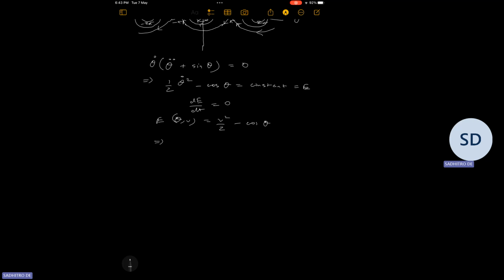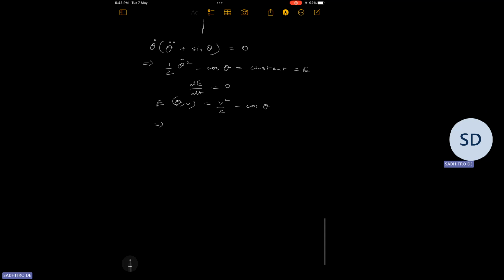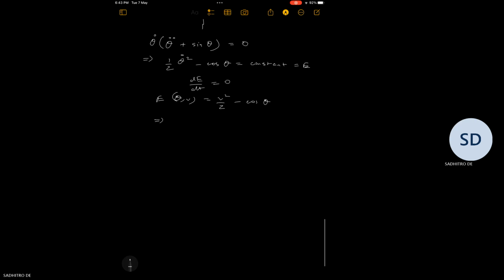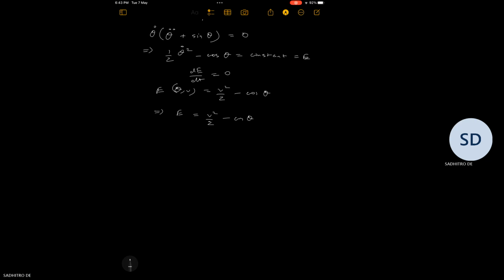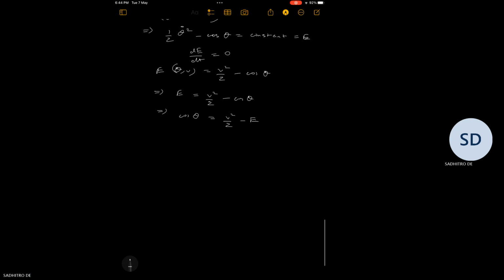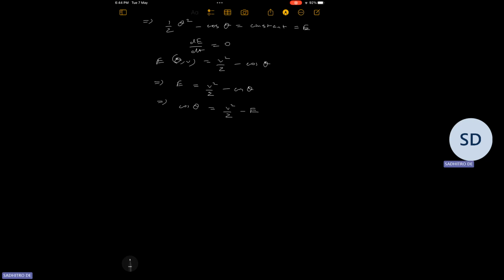So since cos theta should be less than or equal to 1, cos theta is equal to v squared by 2 minus e. So basically, e should be such that v squared by 2 minus e should be less than 1.